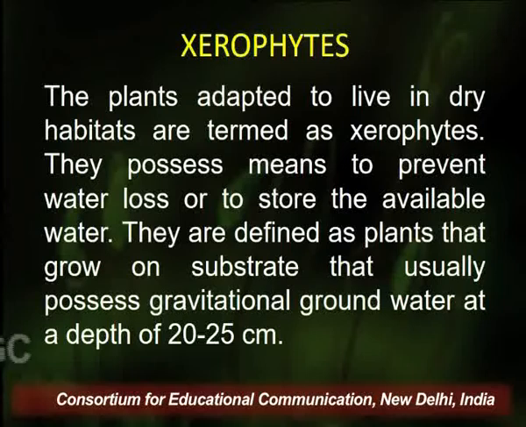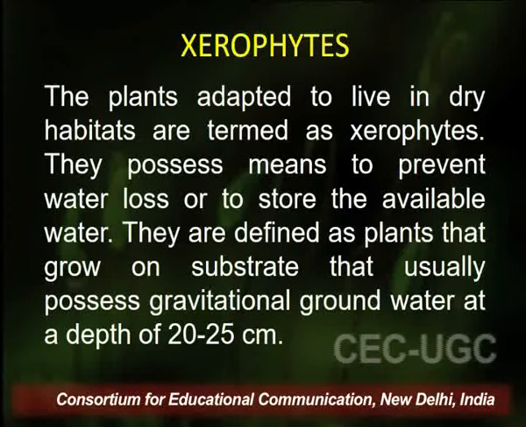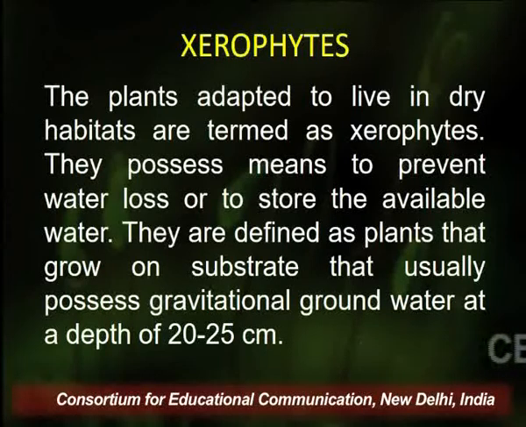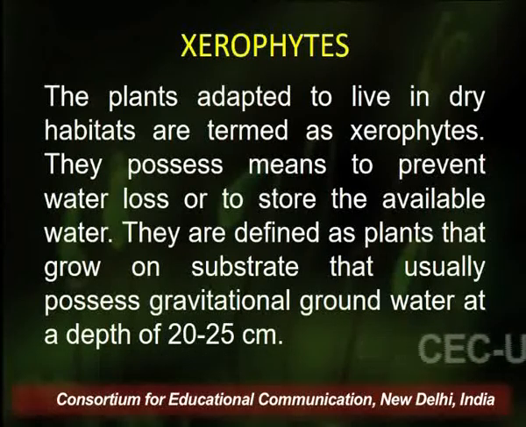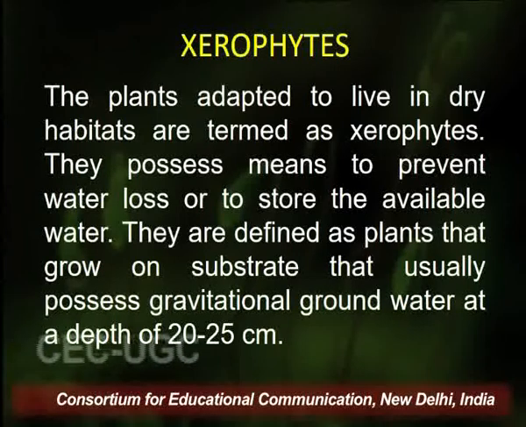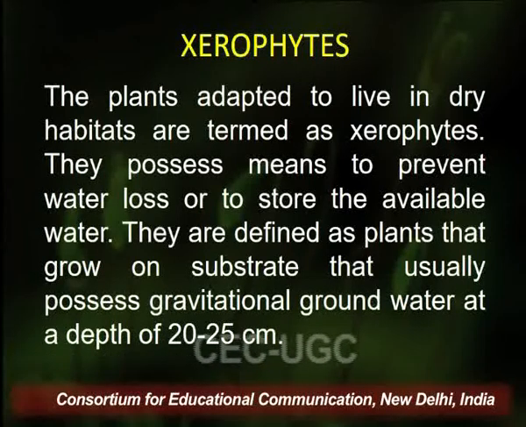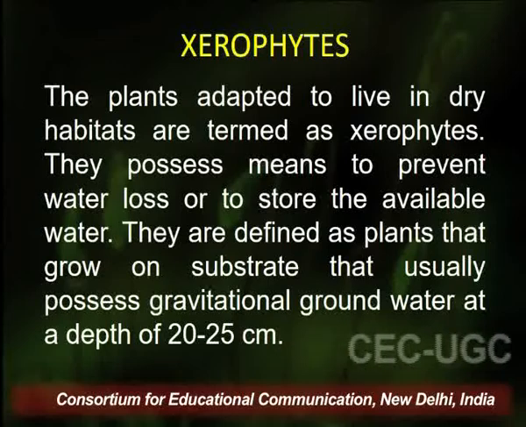What are xerophytes? They are the plants adapted to live in dry habitats and are termed xerophytes. They possess means to prevent water loss or to store the available water. They are defined as plants that grow on substratum that usually possesses gravitational groundwater at a depth of 20 to 25 centimeters.